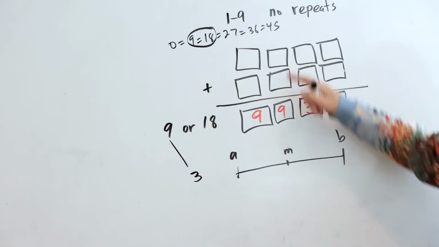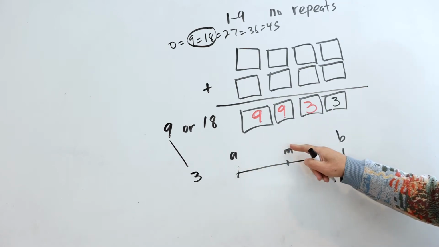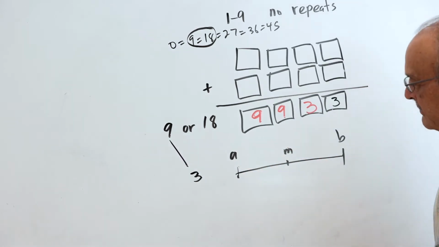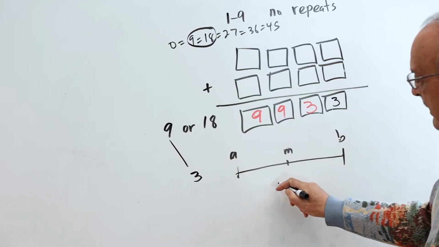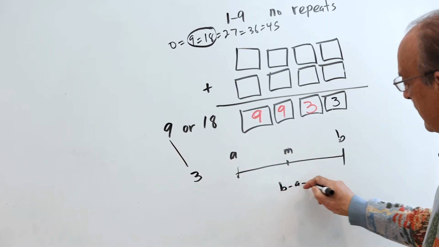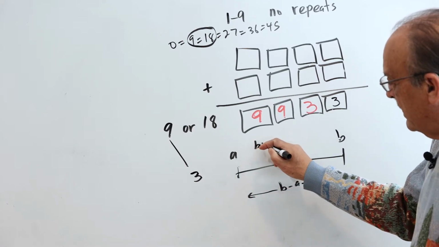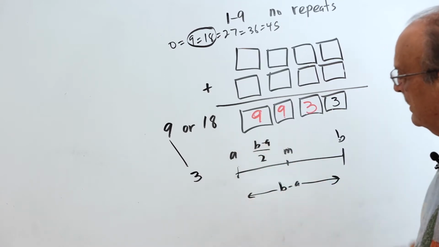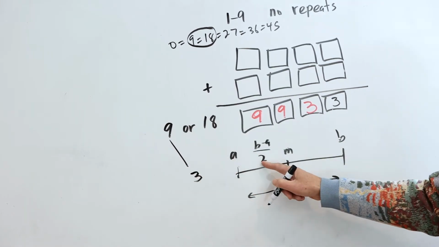So the question is, what do you bring down to the bottom to take the bottom up to the middle? In this case, if you went all the way from A to B, that distance would be B minus A. So this distance is B minus A divided by 2. So that's basically why you're subtracting and then dividing by 2.